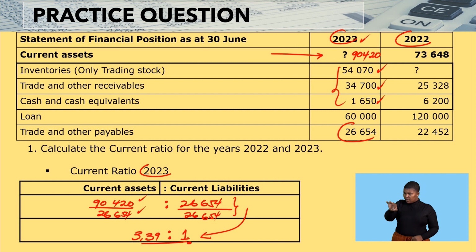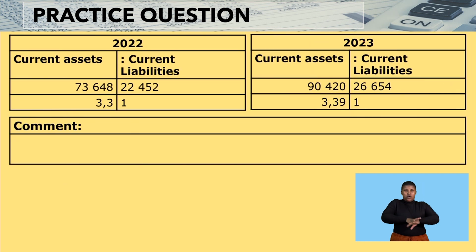Now I can compare. When I compare, I have my 2022 and I have my 2023, and I can see there is an increase. But I remember that when I comment on financial indicators, there are 3 aspects that I must touch.